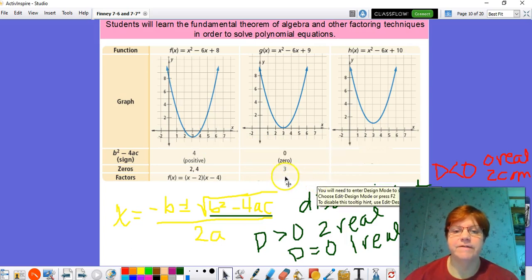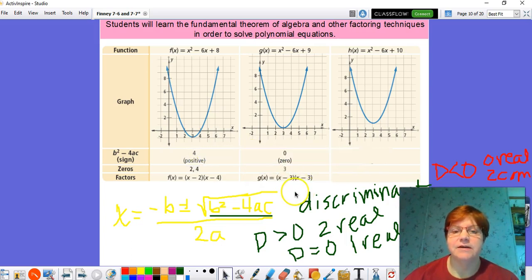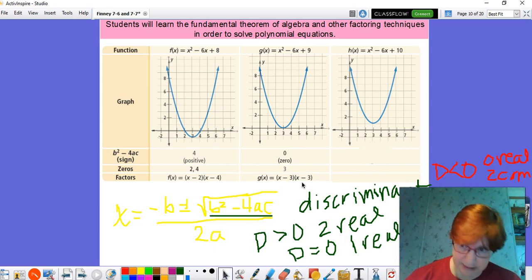And that means our factors are x minus 3 and x minus 3. So you'll see there that that's a double root. It counts twice because there's two factors there, an x minus 3 and an x minus 3, both resulting in a positive 3 for our solution.